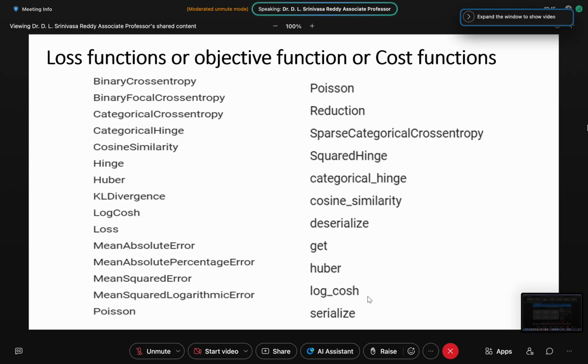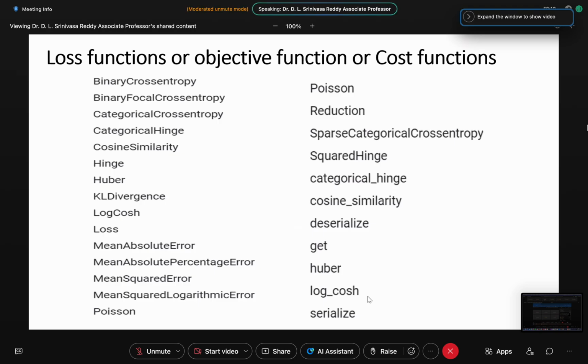As I told you, there are a lot of loss functions, objective functions or cost functions, all the same. These are different varieties of functions we use, and by using them you get feedback, and that feedback is used by the optimizer in the process of updating the weights.